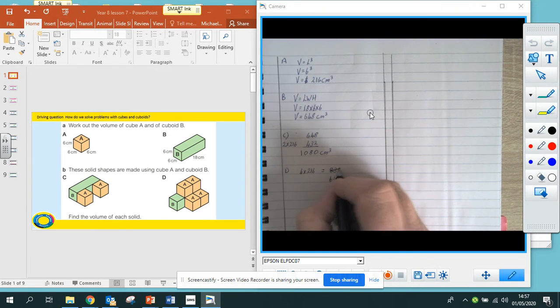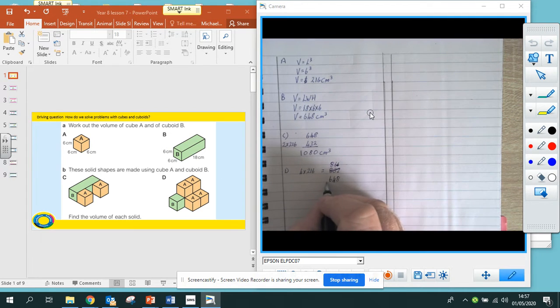Sorry, my mistake, that's 864, and this is 648. If I add those numbers together, so 4 and 8 is 12, put down a 2, carry the 1. 6 and 4 is 10, and 1 is 11, put down the 1, carry the 1. 8 and 6 is 14, and 1 is 15. 1,512 cubic centimeters.